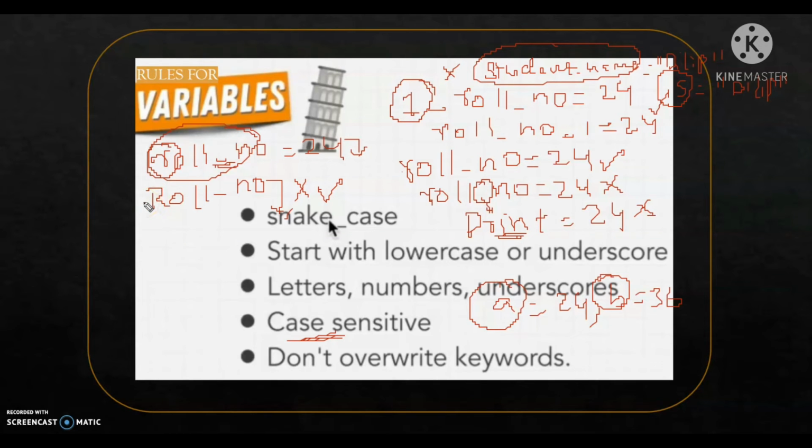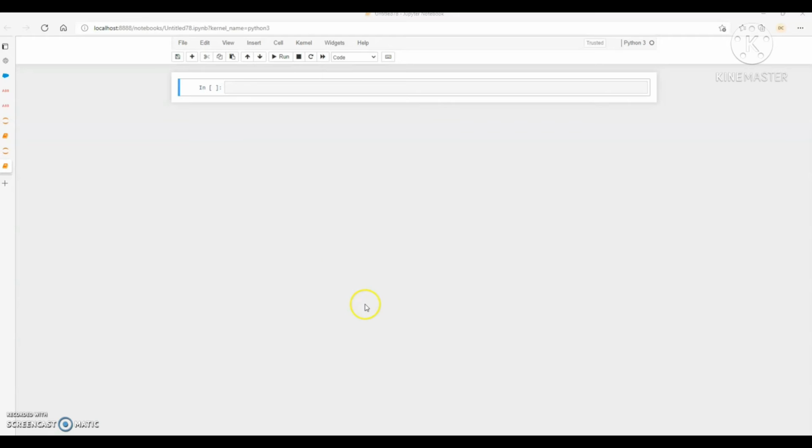It can take some practice to learn how to create good variable names, especially as your programs become more interesting and complicated. As you write more programs and start to read through other people's code, you will get better at coming up with meaningful names. Well, let us see the same thing in Jupyter Notebook, which is more practical.